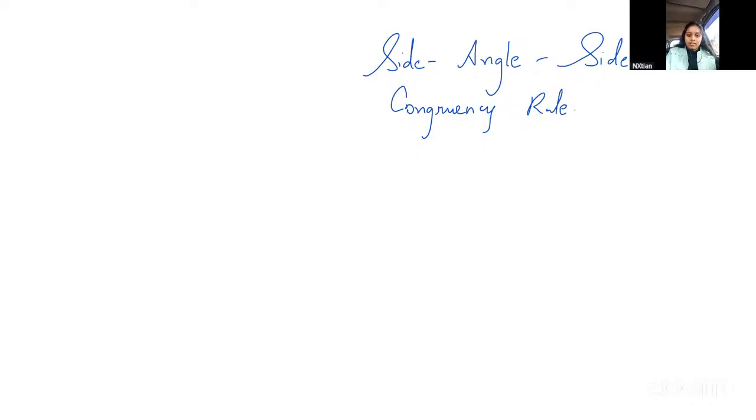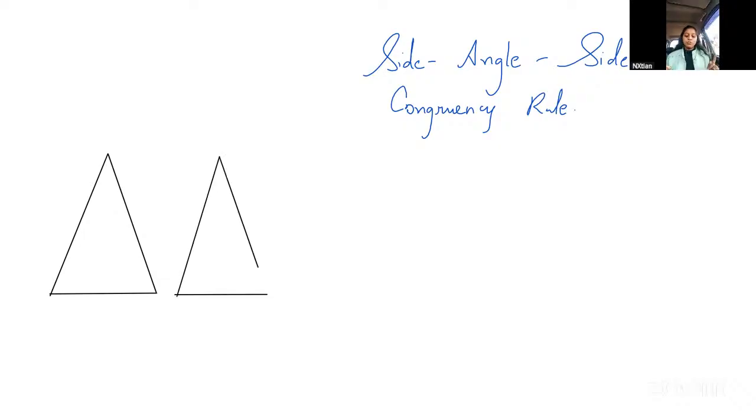Now, the side angle side congruency rule says that in a triangle, look at the diagram. Suppose we have two triangles.